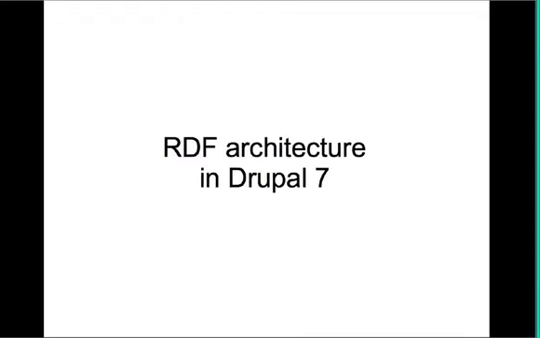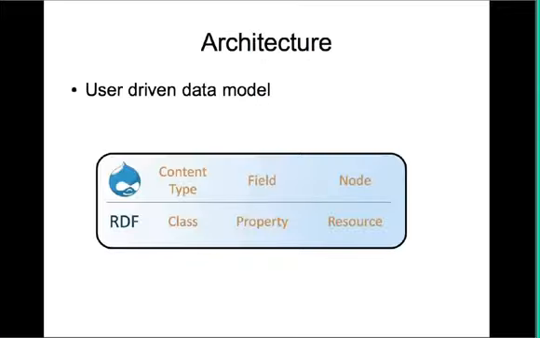Okay, so now let's look quickly at the architecture that is used for modeling RDF in Drupal 7. The first thing to know is that there is no fixed data structure in Drupal. It's very much user-driven because site administrators can build their data models the way they want.